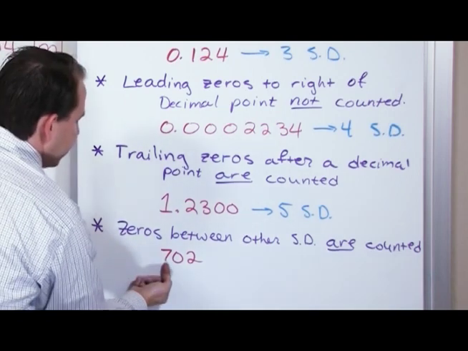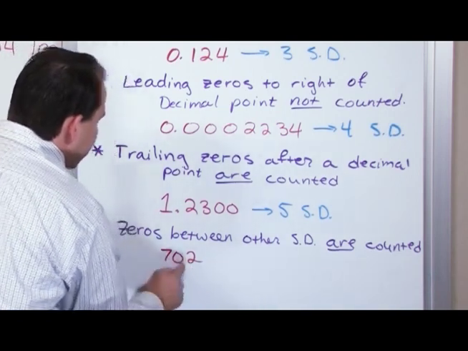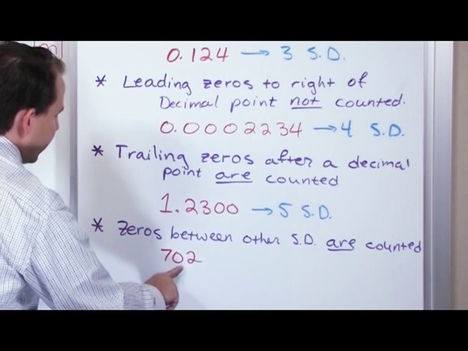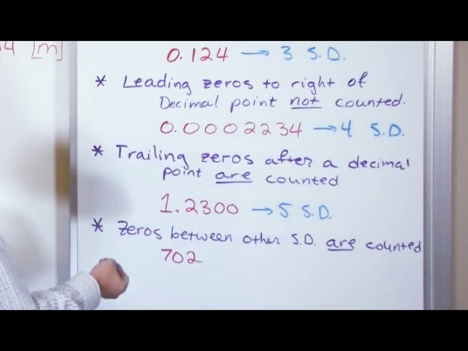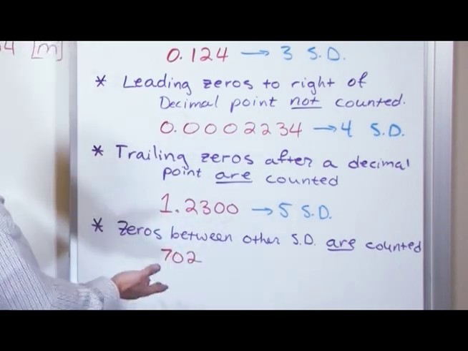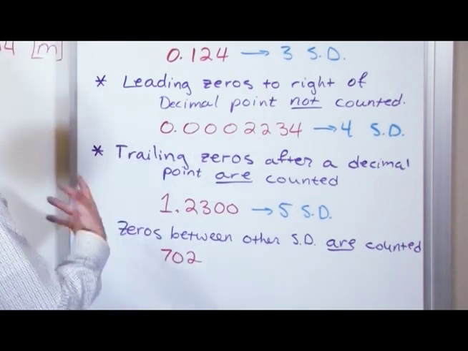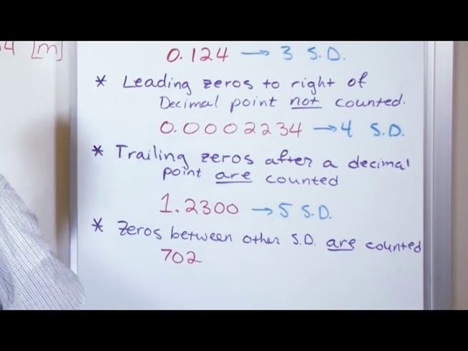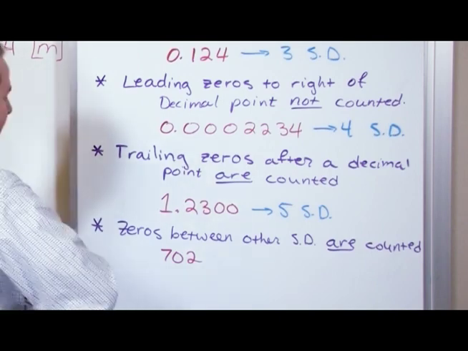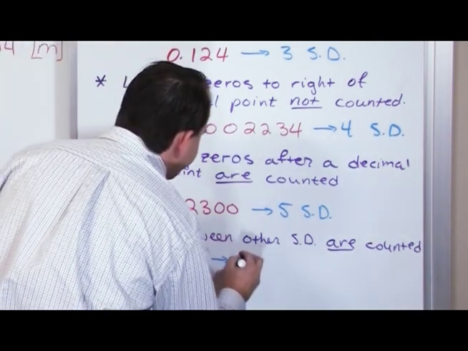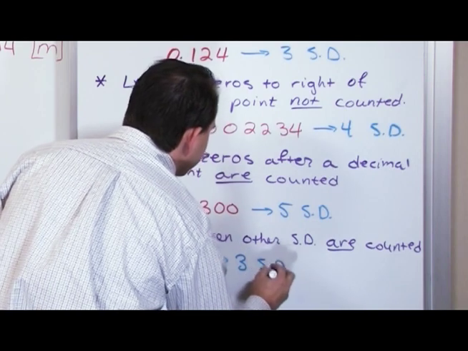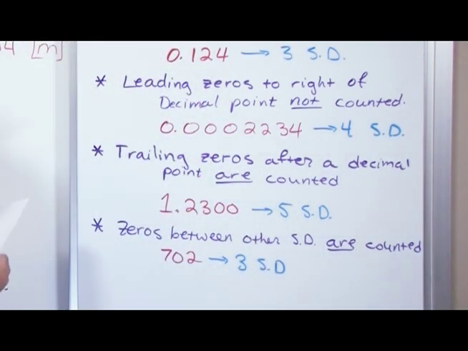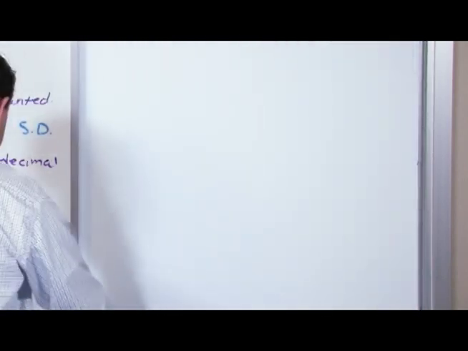This is a significant digit. This is a significant digit. This is not a cosmetic number. This is actually part of the number. It's telling me the accuracy with which I've measured this is at least to 702. So when I have a zero sandwiched between other numbers, it is counted. So this would be 3 significant digits. Okay?